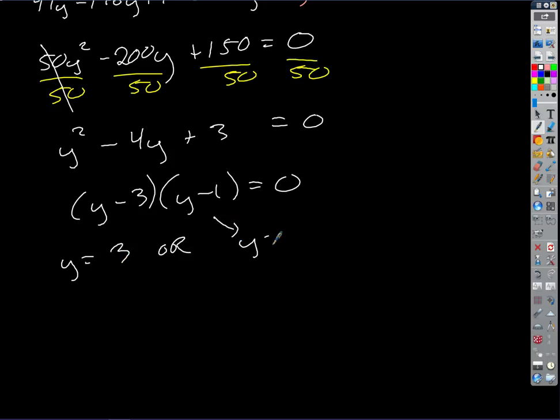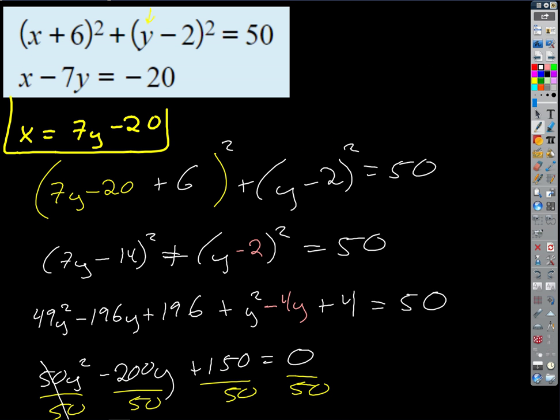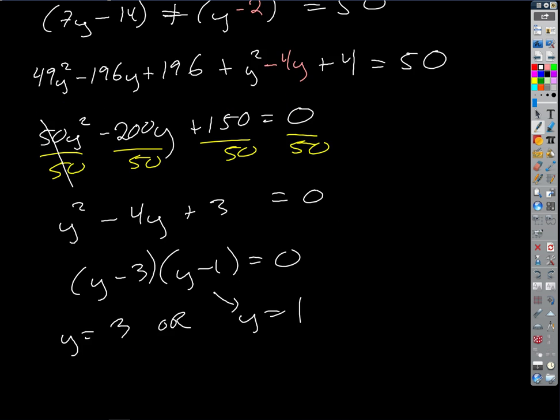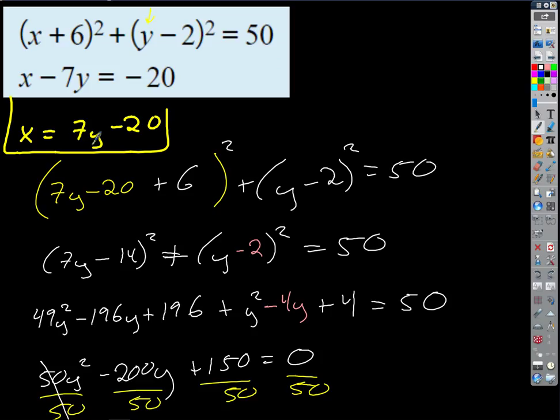or y equals 1. Where do we go to find the other half of that, the x values? Plug it into the equation, the line. Yeah, the boxed equation, right, the substitution equation. So Kyron, if y equals 3, what are we going to get then? If I plug 3 in for y, what's x going to be? 7 times 3 minus 20. 1, good. 21 minus 20 is 1.